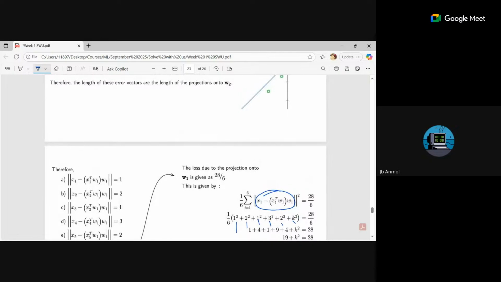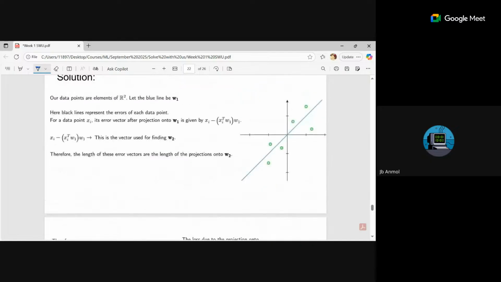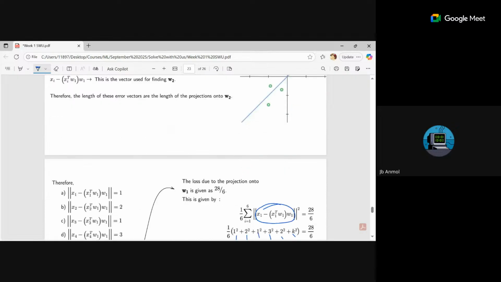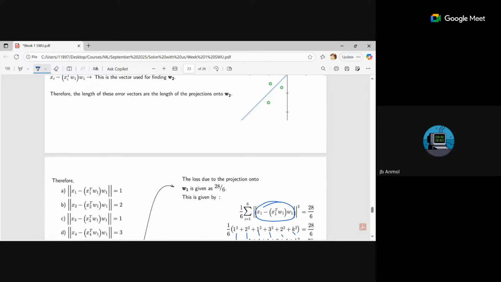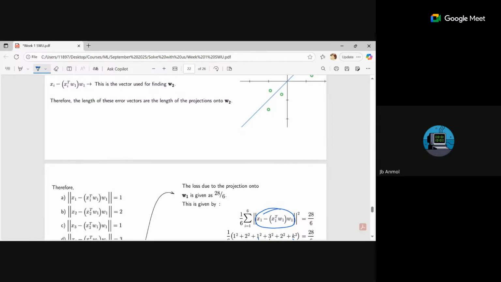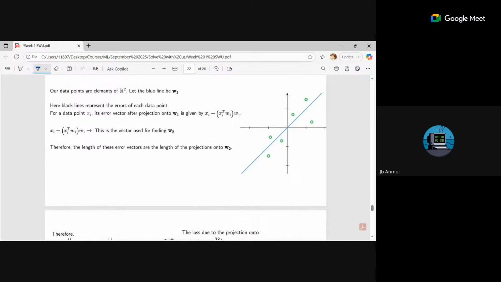Ma'am, here W1 and W2 are orthogonal, that is understood. So how is this result making sense? I understood mathematically, but if we see geometrically, these are orthogonal, so the sum squared error of both these vectors of the projection should be equal. Yeah, I mean the length of the projection.